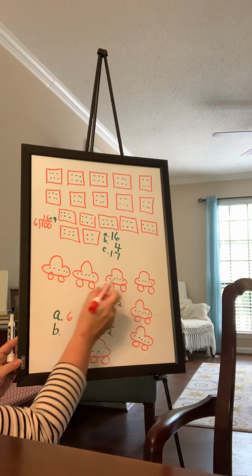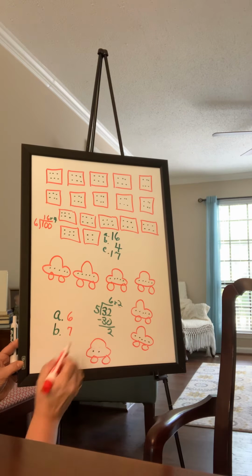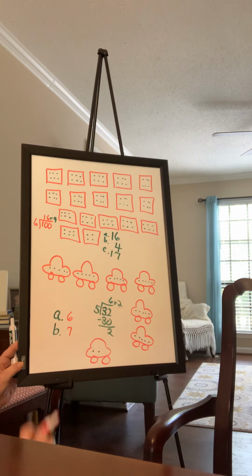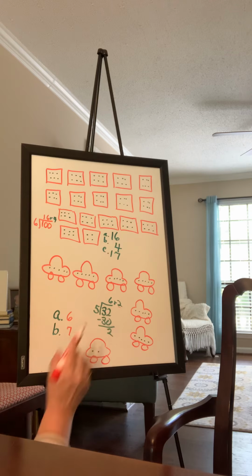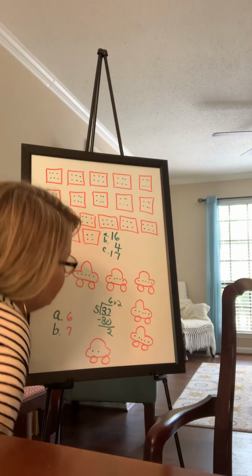So the number of cars actually needed is 7. Even though there will be 6 cars filled with 5 students each, we need an extra car for the last 2 students, the 2 that are the remainder.